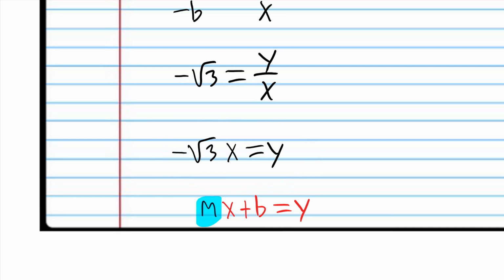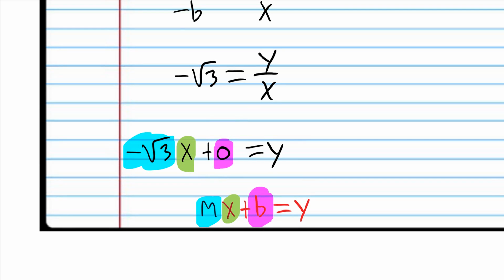So the slope of the line is negative root 3, and of course we have our x value, and b is actually 0. So how do we illustrate that? Well, we can just write plus 0. So b is 0, and I'm going to change these to black letters there. And of course this is y here. So this is just a line.